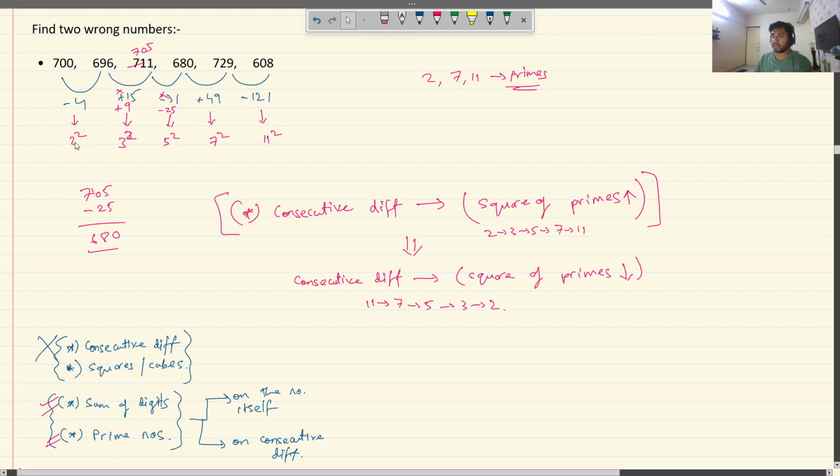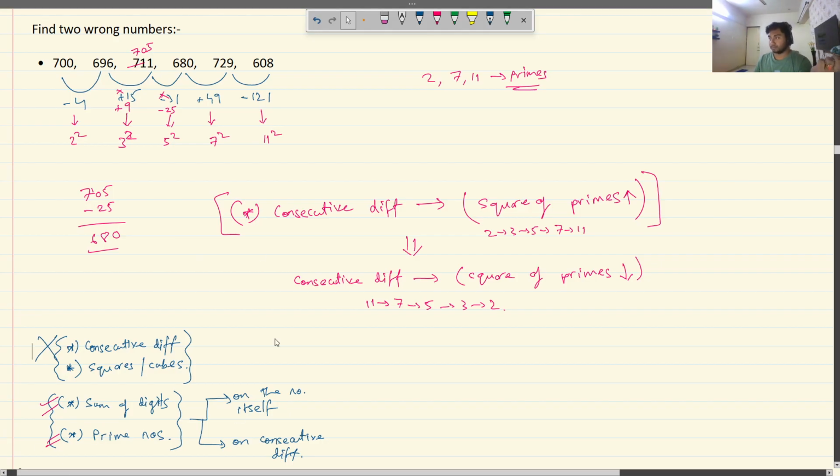But in this case we had 7, 11. It was easy to assume that it is a square of odd numbers only. But then you remember that 9 is missing, 2 is there, 2 is an even number, so it cannot be related to odd numbers or even numbers. But one thing can be that 7 and 11 are prime numbers.